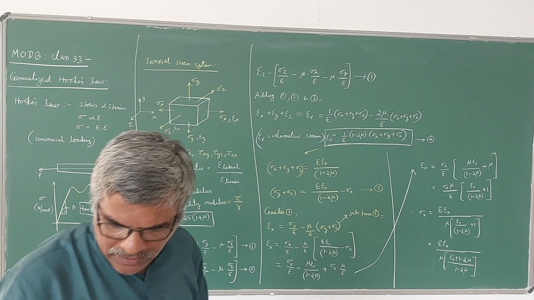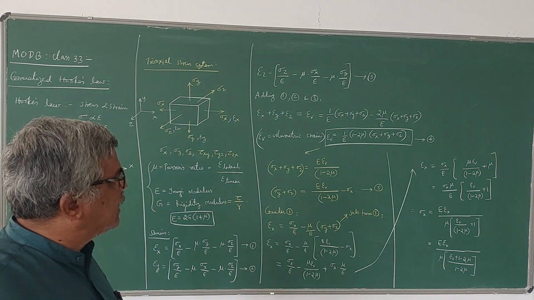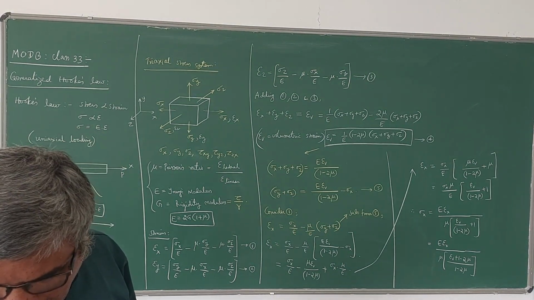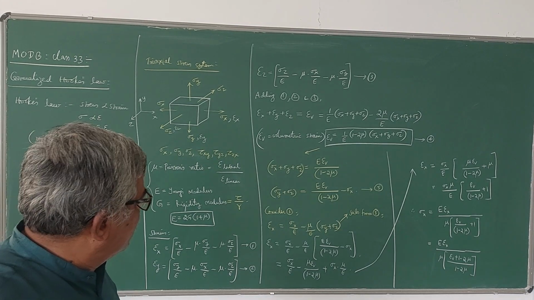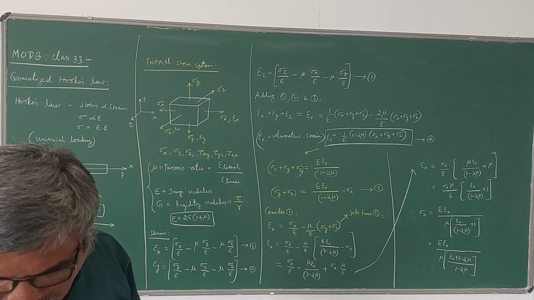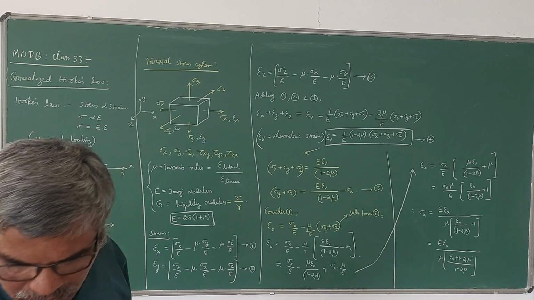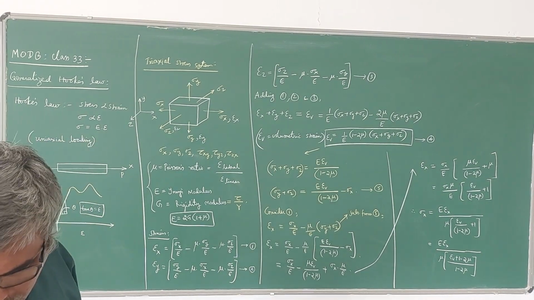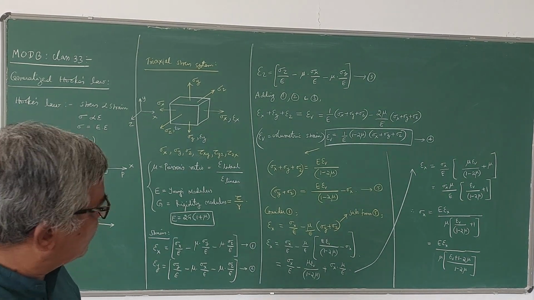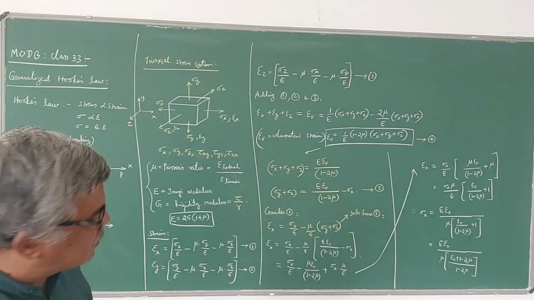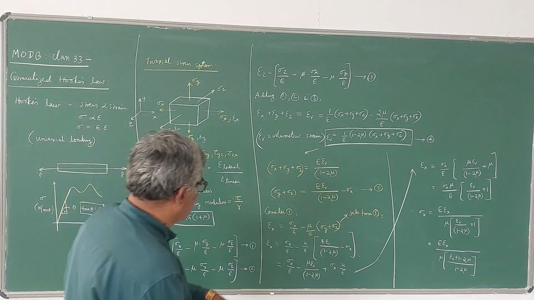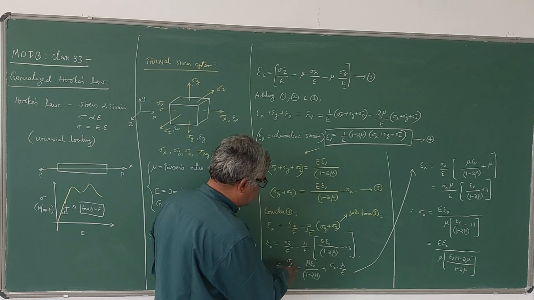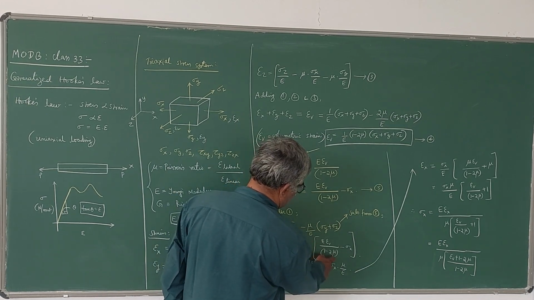I want it in another form. So 1 by E into sigma x minus mu by E into epsilon v by 1 minus 2 mu minus sigma x.